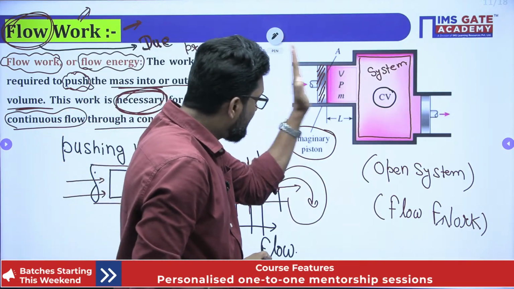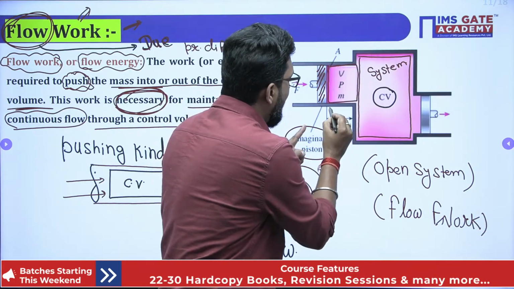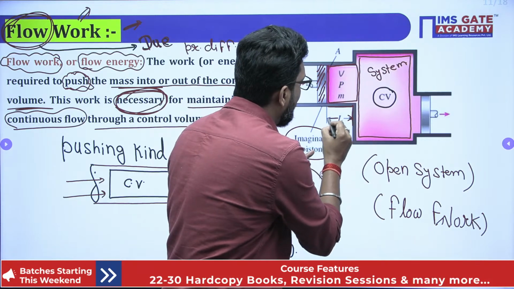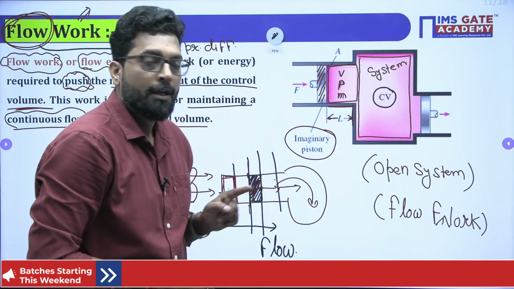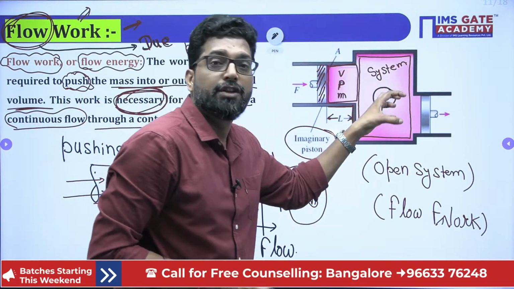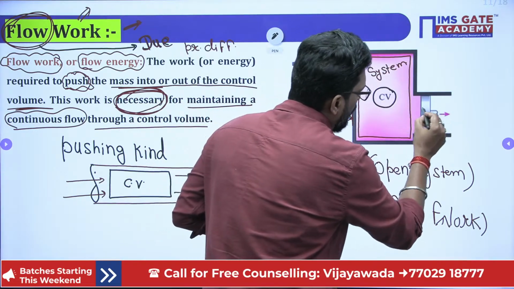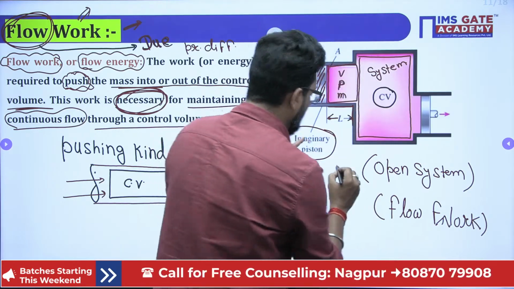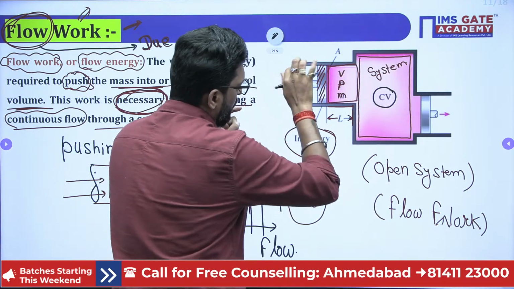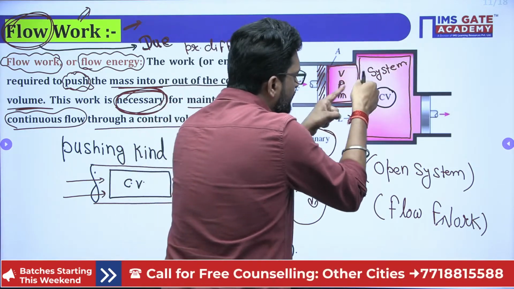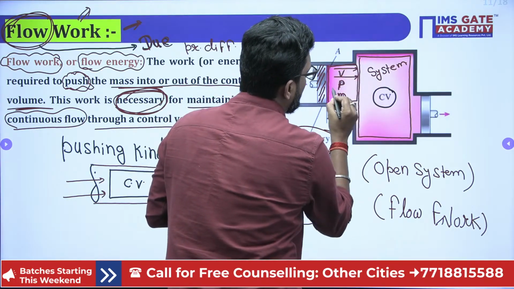That means due to this imaginary piston, we want this fluid chunk, which has a length L, volume V, pressure P and mass M, to enter this control volume. So if the piston pushes, on this control volume in this direction there is a pressure.